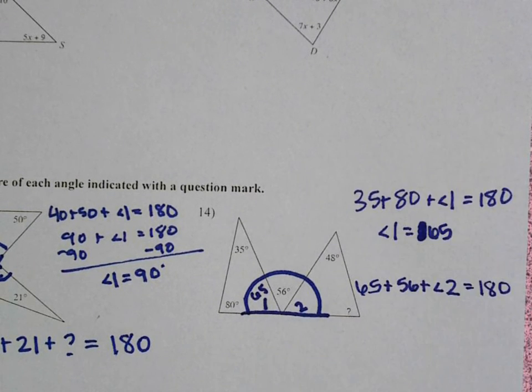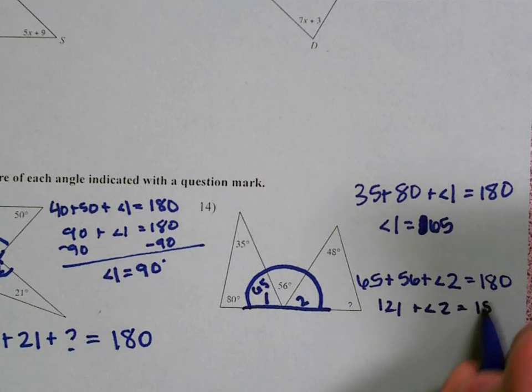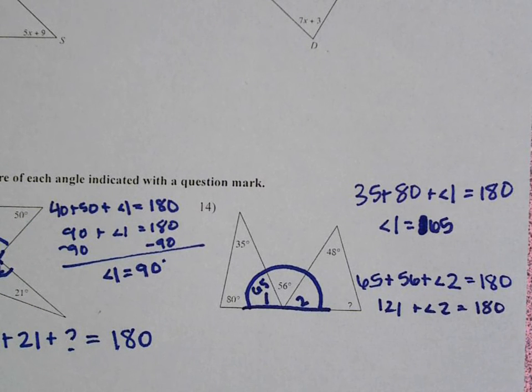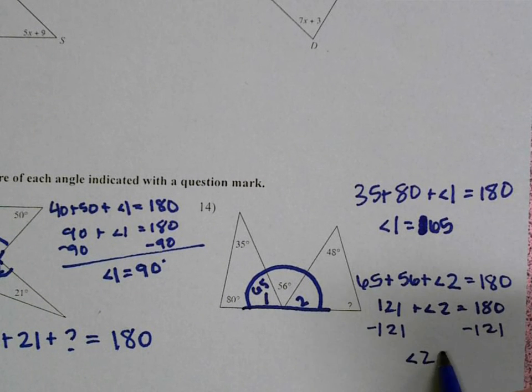We know that those are going to equal 180. So now if I add those together, we have 65 plus 56, which is 121, plus angle 2 is 180. And then if we subtract 121, we get 59. So angle 2 is 59 degrees.